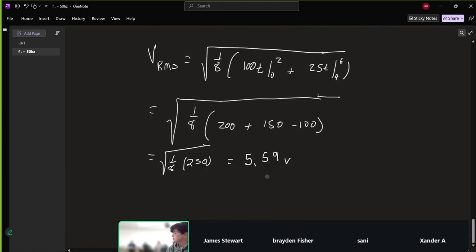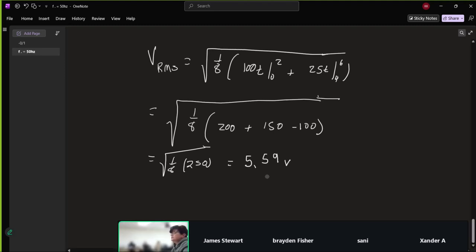So yes, I did use milliseconds instead of seconds, but the reason it ends up being okay is that the milliseconds I was plugging in for my time, this 8 was also milliseconds, and so my milliseconds canceled with my milliseconds. It was fine to use 8 instead of 0.008 and 2 instead of 0.002 because the milli canceled out.